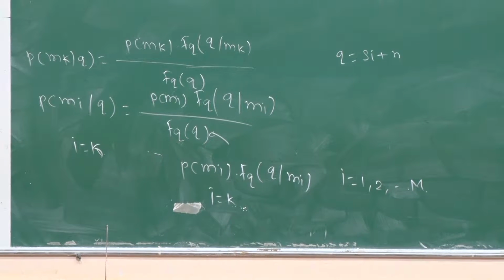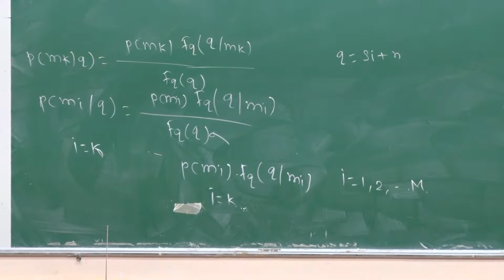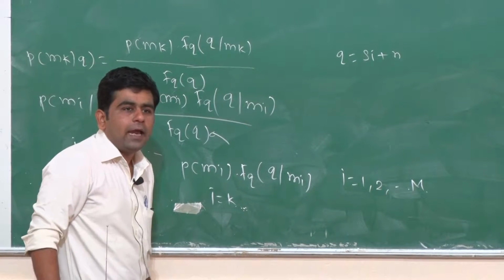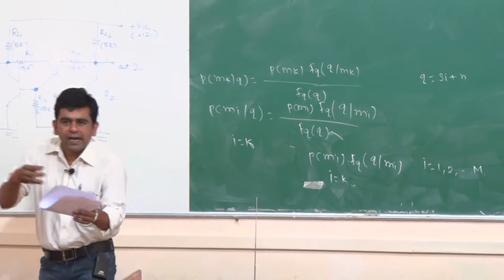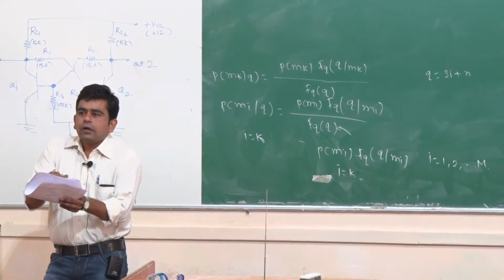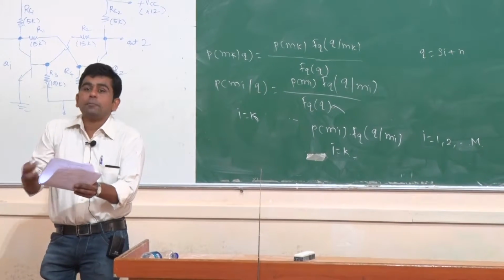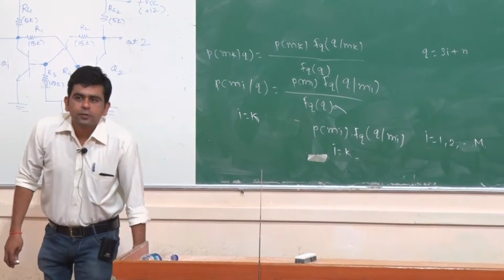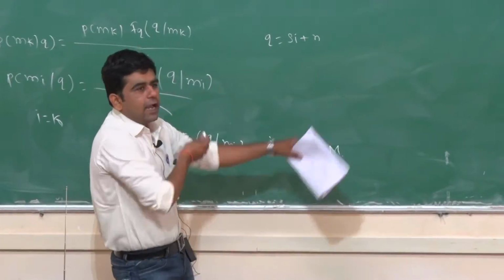So here q is nothing but si of t plus ni of t, and n0 of t is already filtered out because this noise is perpendicular to the whole n-dimensional signal space. So its dot product or projection on the n-dimensional signal space is 0. So here q is equal to si plus n.